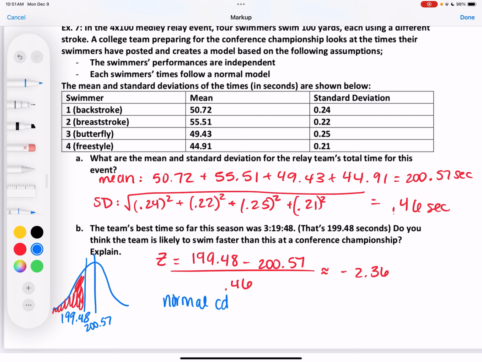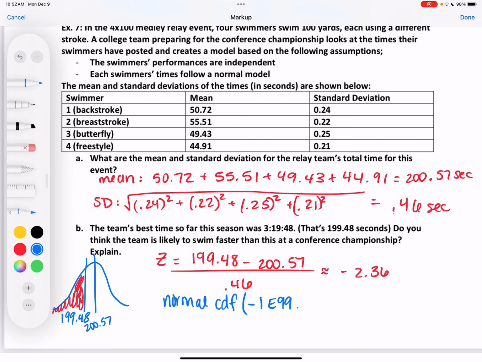Normal distribution, normal CDF, normal cumulative distribution. So you're going to hit second VARS, distribution, and it is option 2. What you're going to end up with in here is the -1E99, which should be what your calculator's preset to.